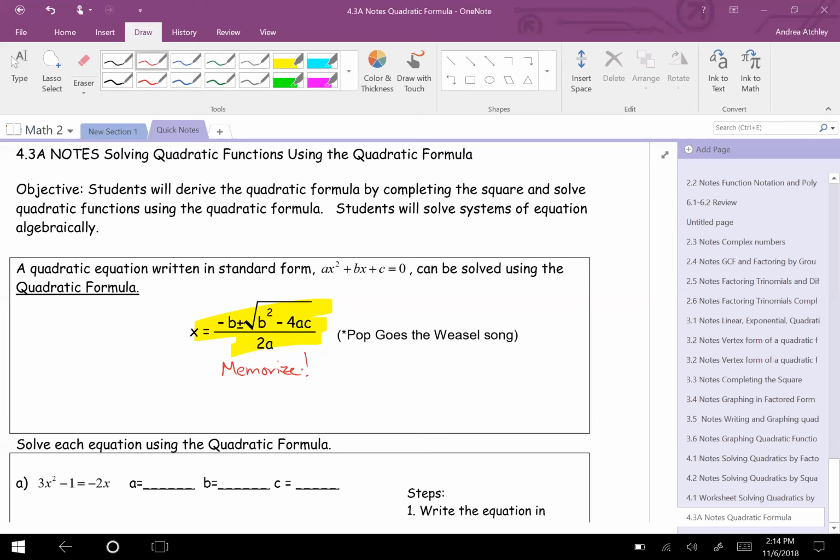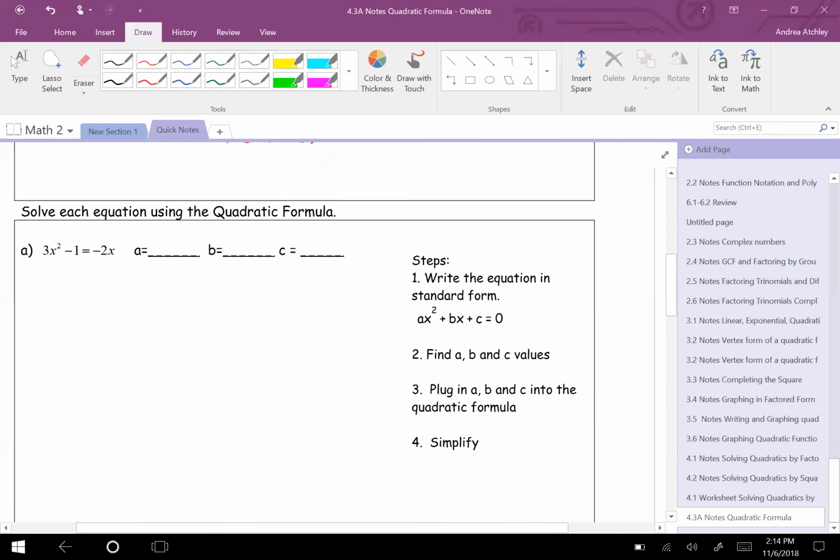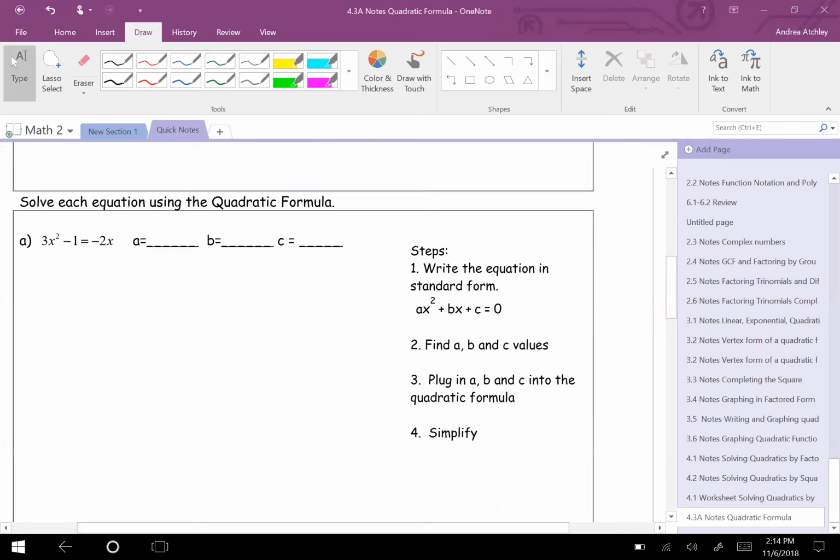Now you need to not just know the quadratic formula, but you need to know how to use it. So we're going to demonstrate how to use it. You're going to write the equation in standard form. As always, we want the quadratic in standard form, and it needs to be equal to 0.